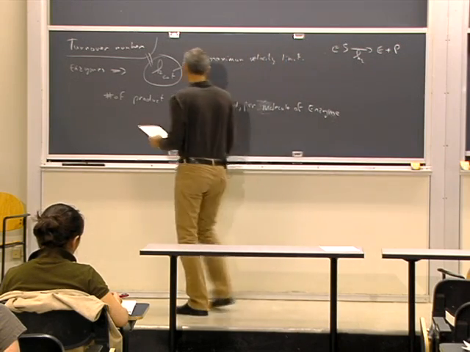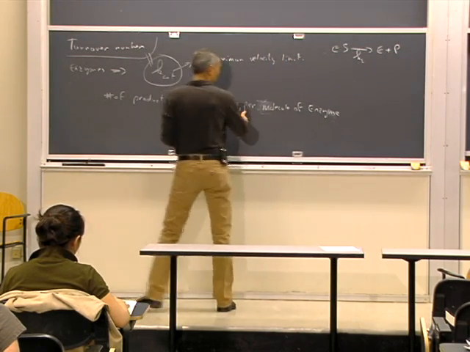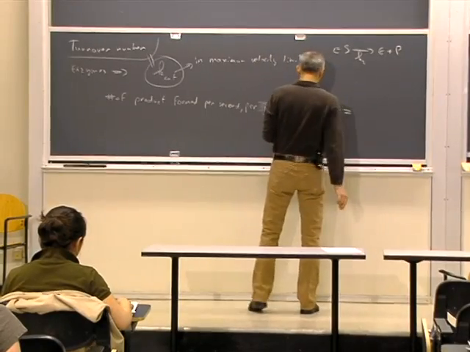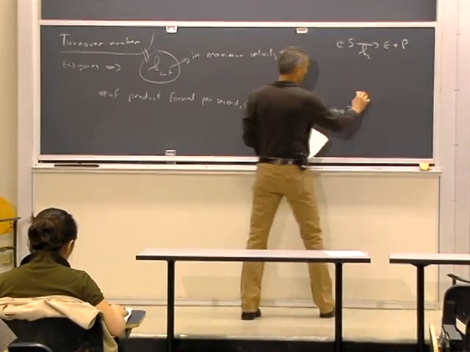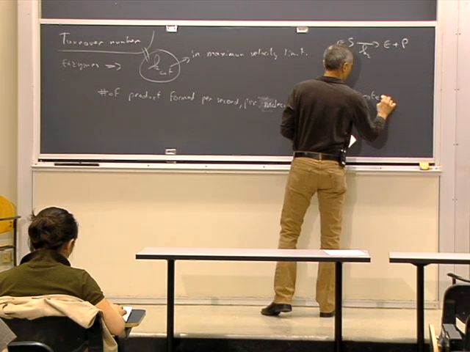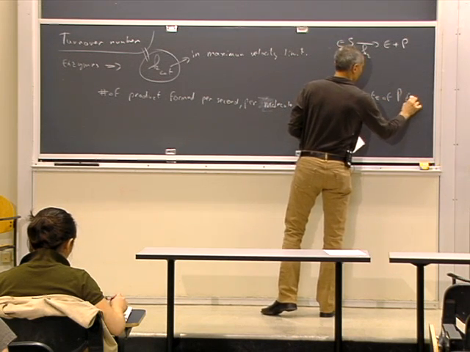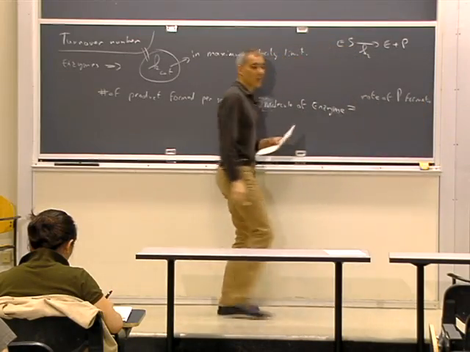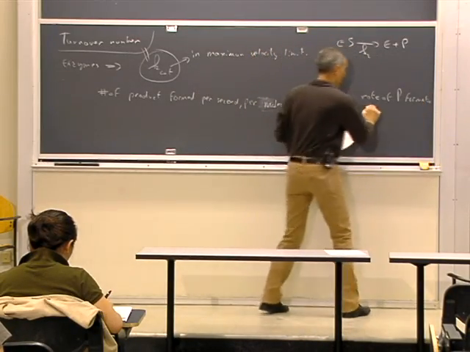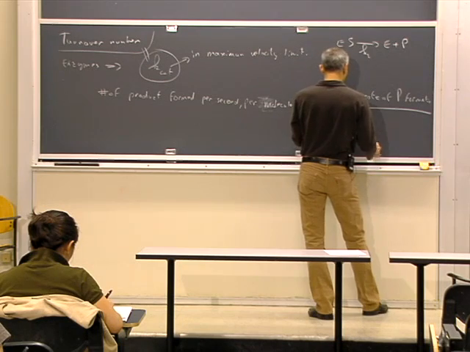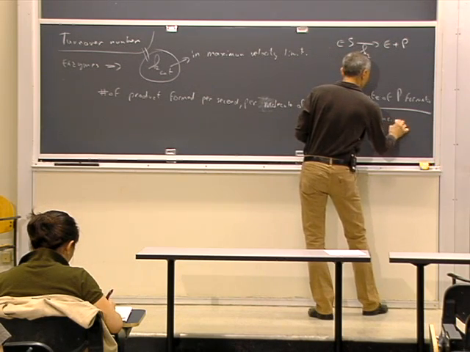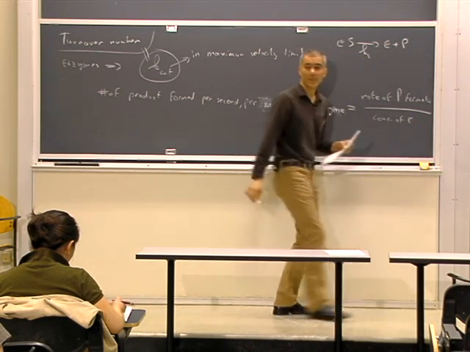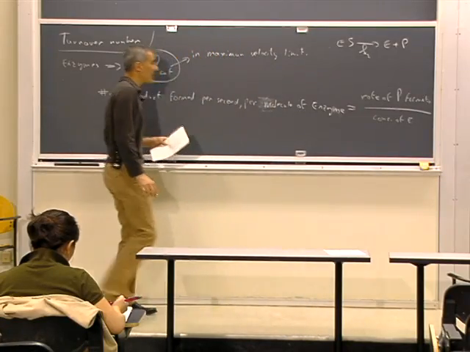And the number of molecules formed per second per molecule of enzyme is the rate of product formation per second divided by the concentration of the enzyme, normalized by the number of enzyme.